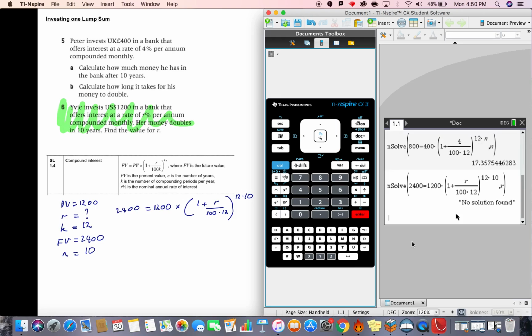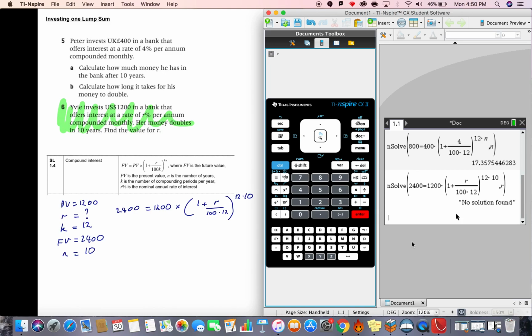So this is one of the breakdowns for n-solve, that it finds it very difficult to actually solve this equation for R. One way around it is to solve it using a bit of regular algebra. But another way around is to think about a graph and use a table of values.